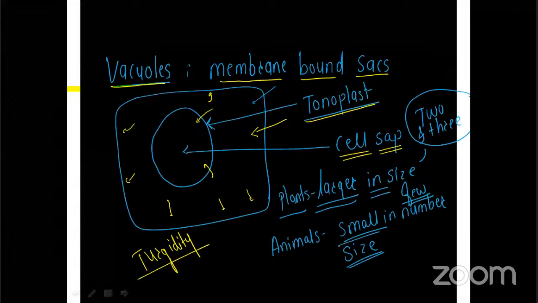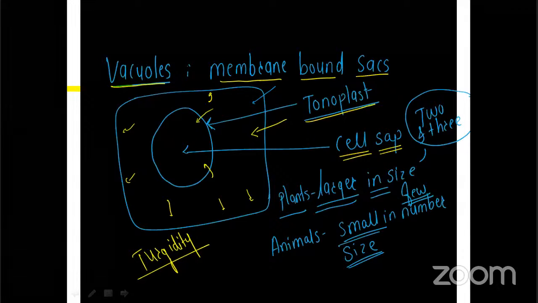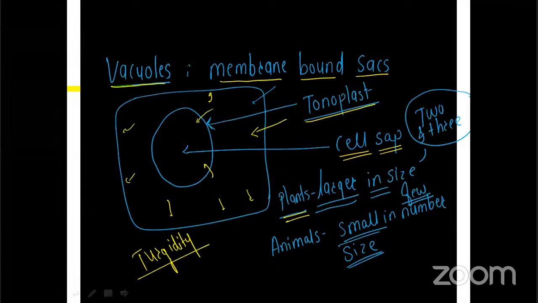This liquid of the vacuoles is different in composition than the cell cytoplasm. Cell cytoplasm मध्ये डिफरंट कॉम्पोजिशन आहे आणि व्हॅक्युल्स मधलं कॉम्पोजिशन, सेल सॅपचं कॉम्पोजिशन हे डिफरंट आहे. In plants the vacuoles are larger in size and 2 to 3 large vacuoles can be present in a plant cell.